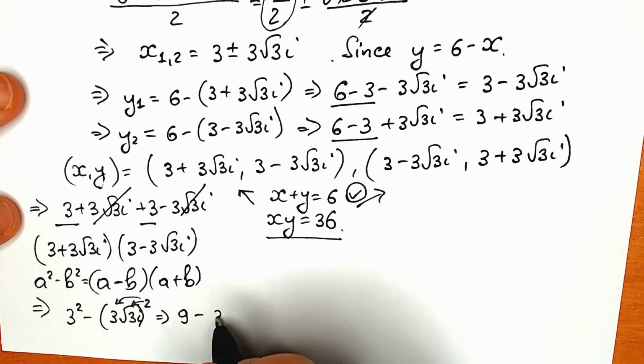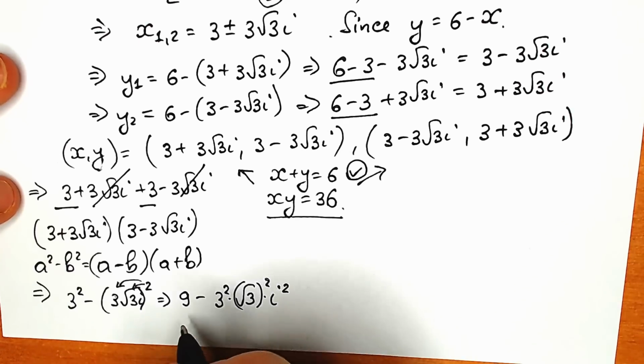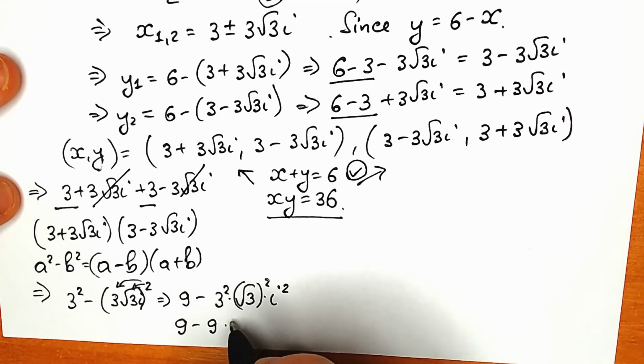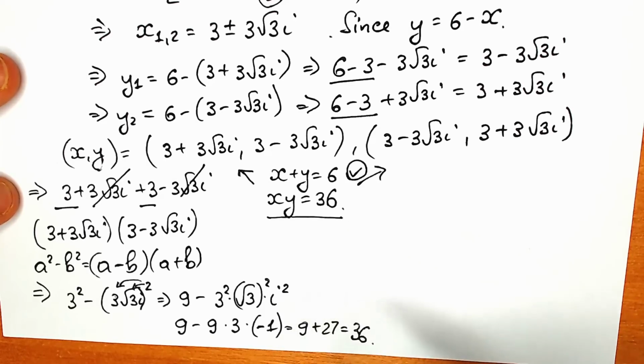So we have 3 squared times square root of 3 squared times i squared. So we have 9 minus 9 times square root of 3 squared, which equals 3, and i squared equals minus 1. So as a result we have 9 plus 9 times 3 equals 27, which is equal to 36. And this is the correct solution, I guess.